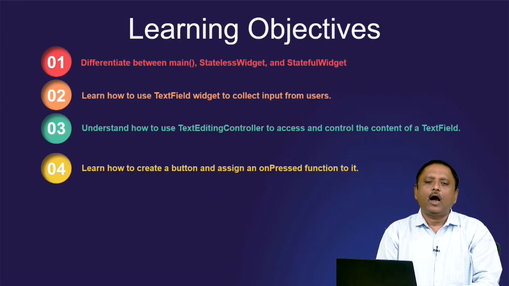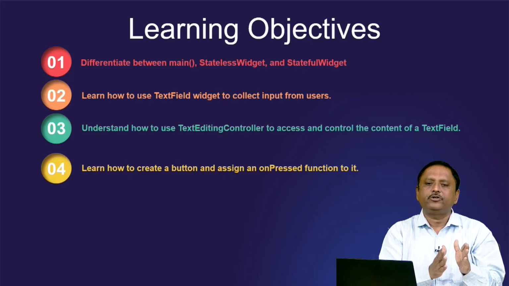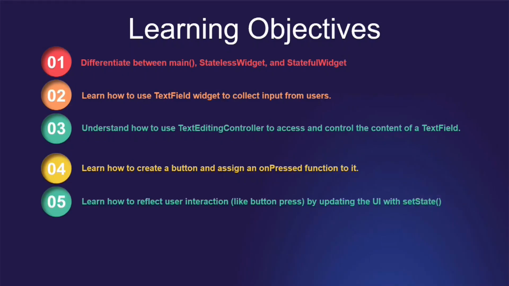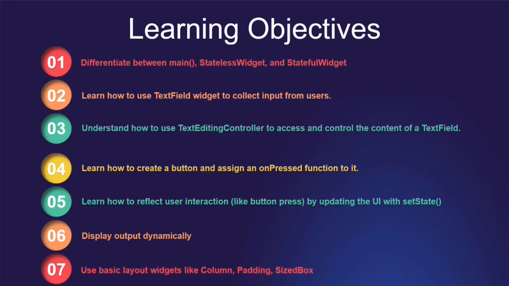We will learn how to create a button and assign an on press function to it. We will also learn how to reflect user interaction like button press by updating the user interface with set state method, and we will also learn how to display output dynamically. We also use basic layout widgets like column, padding and size box.